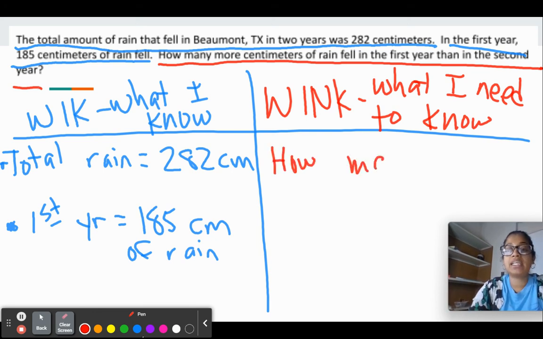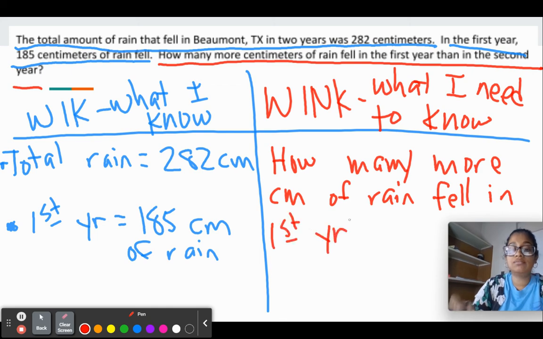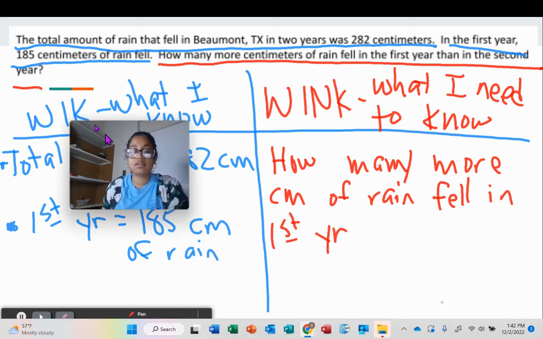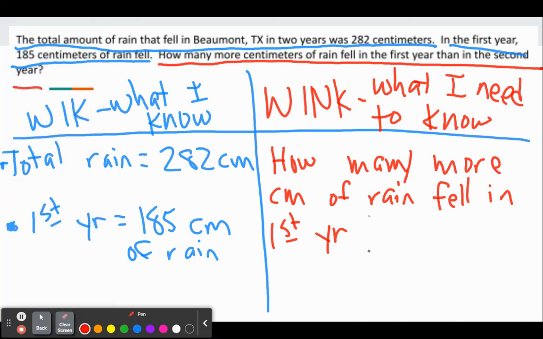How many more centimeters of rain fell in first year? Actually, you know what? Let me X that out. In the first year than in the second year.